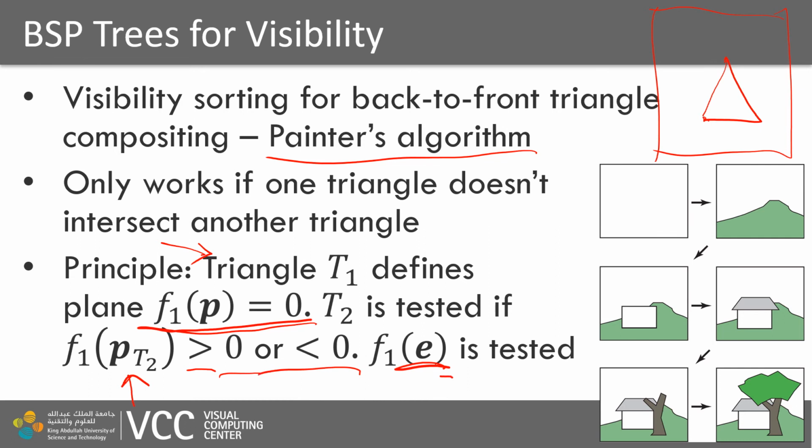And the same we do for the eye point. And if our tested triangle is with the same sign before, so to say, or after this plane, then it means that the triangle which is defining the plane should be rendered first, then the triangle which is on the same half space, so that the eye sees these triangles ordered in the correct way.